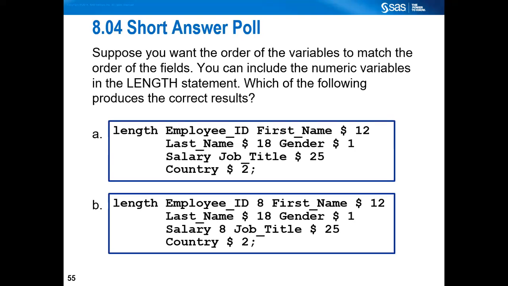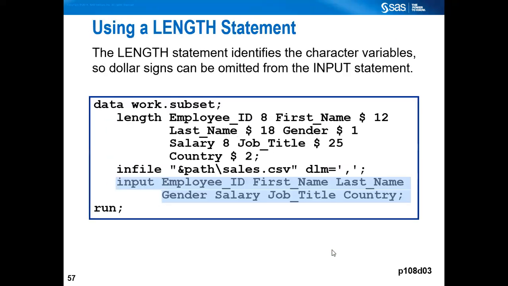B, ma'am. Okay. B. Yes, because in the length, you can provide all the columns along with its attribute and the sequence what you want in your output. And input will just be the instructions to read the records. That's it. Okay.